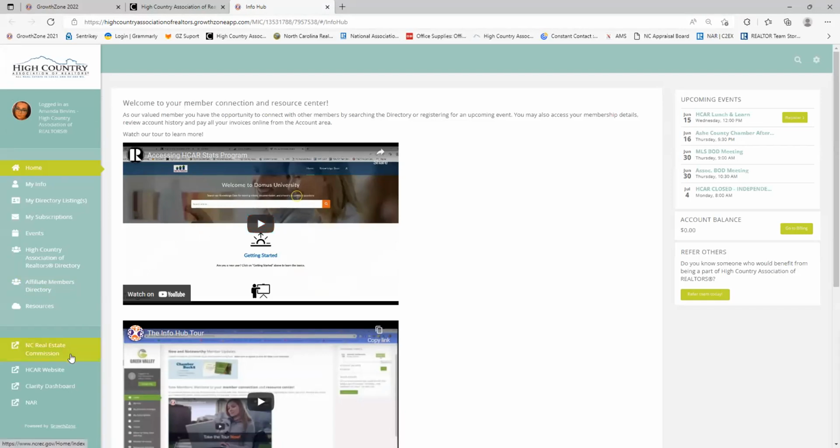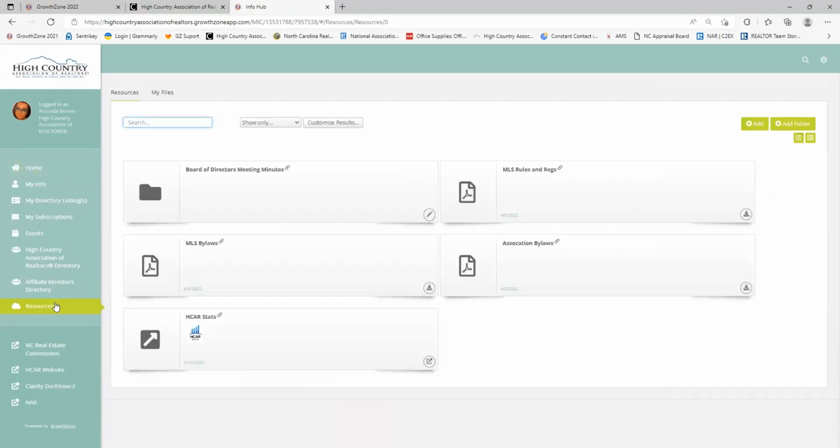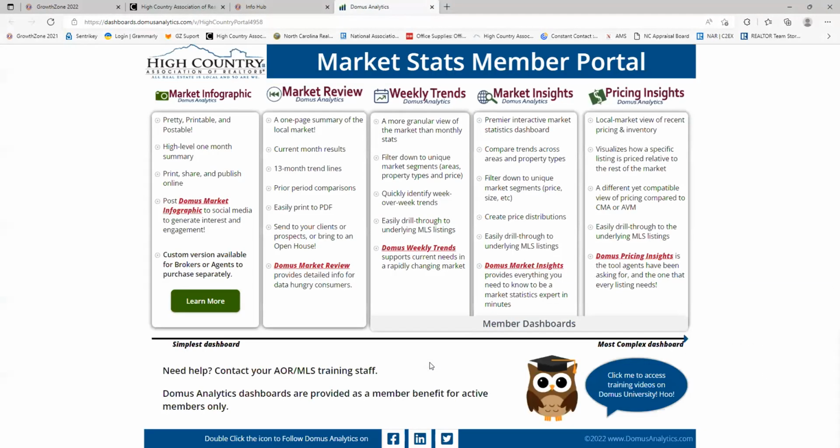Now you go to Resources right here, and then HCAR Stats, and click this button. And then here is the Domus Analytics page with everything all about High Country Association and MLS.